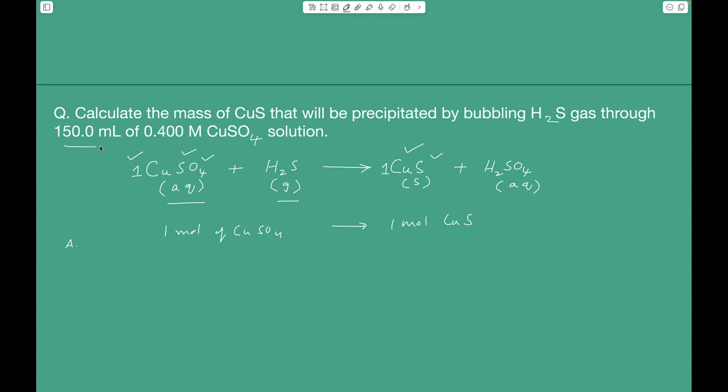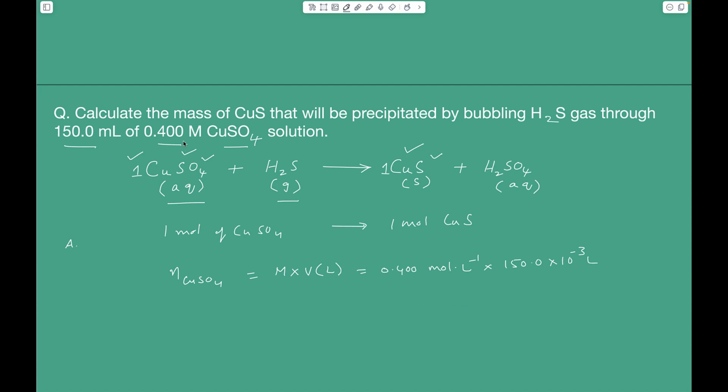So from the volume and the concentration of the solution taken, we have to first calculate the number of moles of copper sulfate present in the solution taken. You get that by multiplying molarity with the volume of the solution in liters. The molarity is given as 0.400 mole per liter multiplied with volume in liters is 150 times 10 to the power of minus 3 liters.